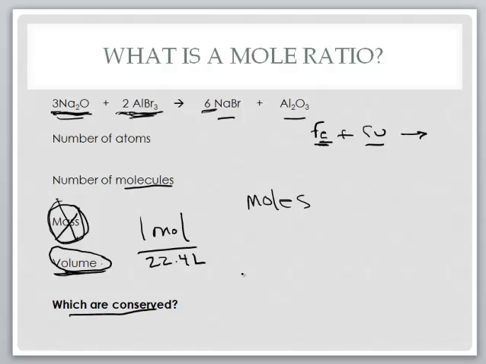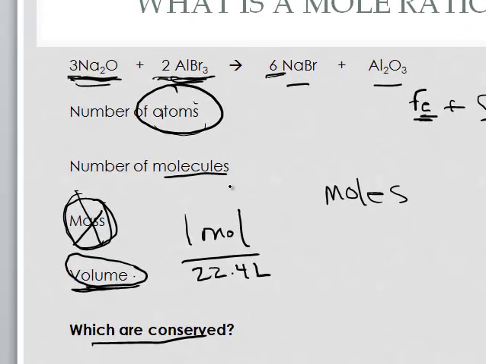So which of these are conserved? And remember, conserved means that whatever you start with, you have to end with. Total atoms are always conserved because mass is conserved. We know that already. Numbers of molecules are not necessarily conserved because over here you can see we have 5 molecules create 7 molecules.